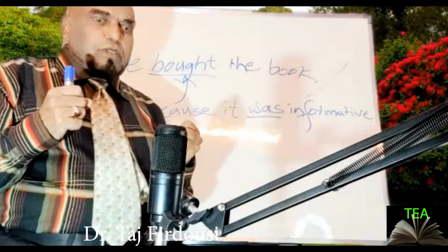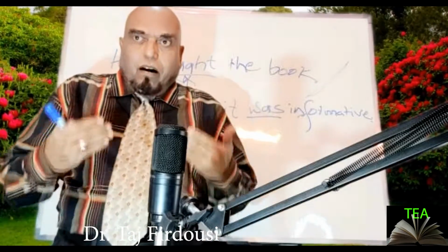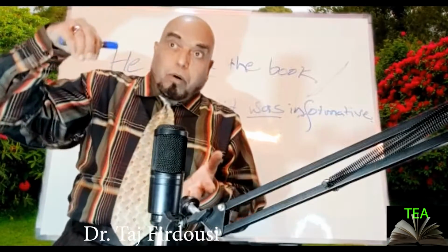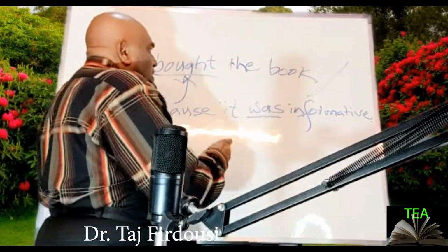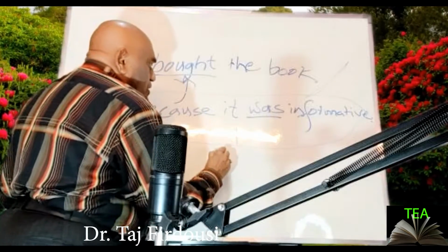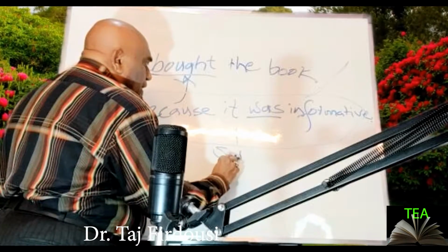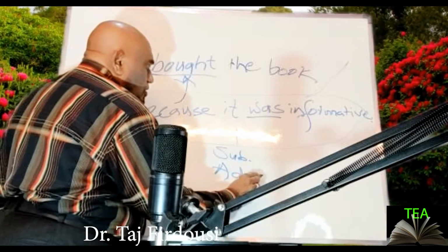Anything which gives the purpose, the reason, the time, the action, the quality of an action, anything about the verb is an adverb. So because it was informative is a subordinate clause, called an adverb clause.